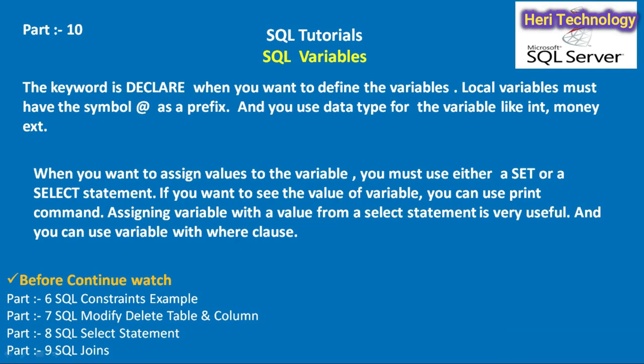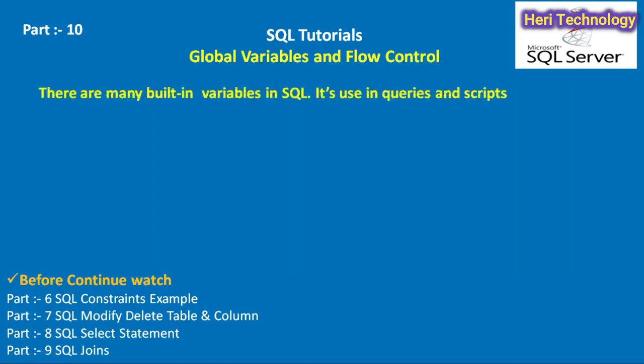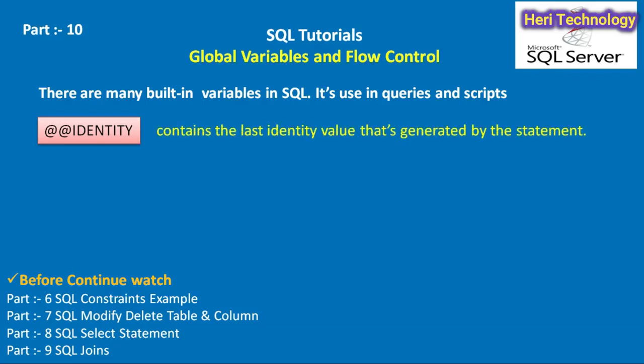Now we start global variable and flow control. There are many built-in variables in SQL, and they are used in queries and scripts. We discuss and learn the identity built-in variable, which contains the last identity value that's generated by the statement.